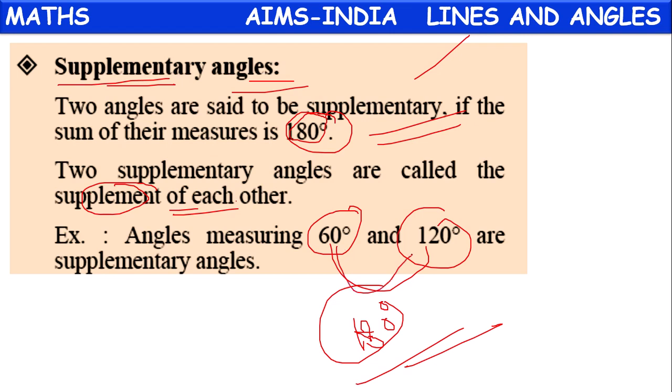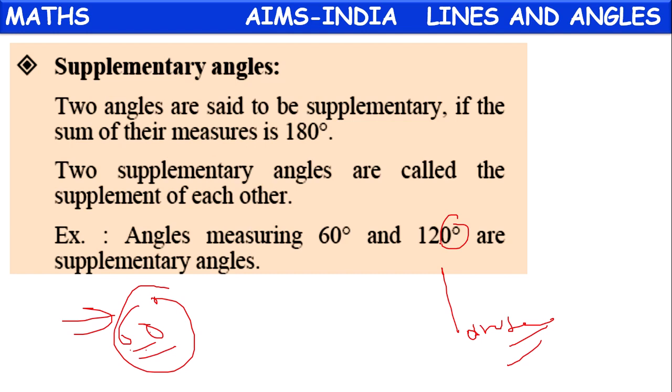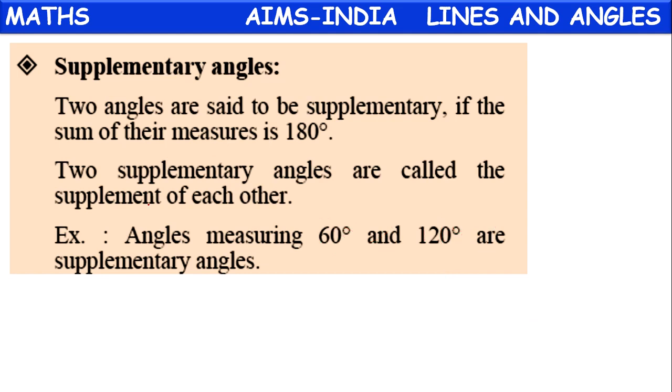One angle alone we cannot call supplementary. If we take only one angle, it may be acute, less than 90, or obtuse, like 120, greater than 90 and less than 180. But with two angles, we can tell whether they are supplementary or complementary.